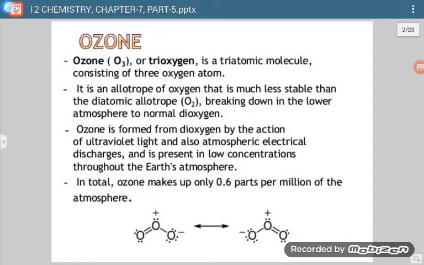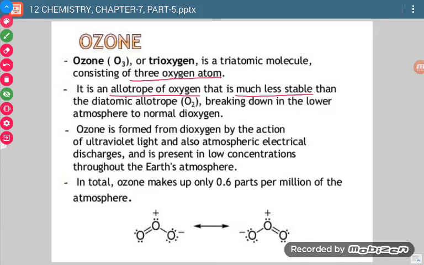First of all, ozone. Ozone, as its symbol O3 implies, is trioxygen. It's a triatomic molecule; three oxygen atoms make it. It is an allotrope of oxygen, and it has less stability as compared to the diatomic form.